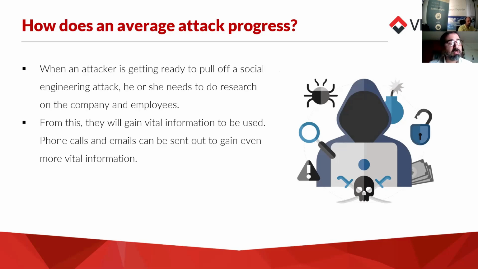For example, they give the name of the firewall and the version. So we understand that we have to research the vulnerabilities and exploits of that specific version of that specific brand. From this, they gain vital information to be used.